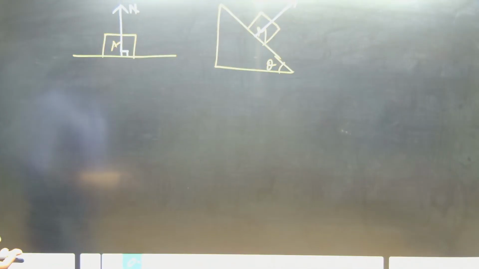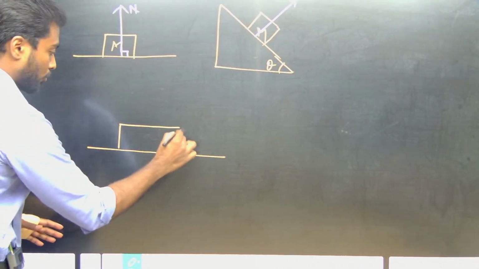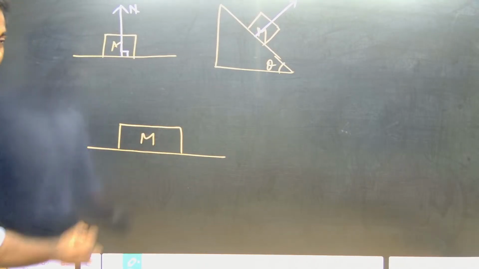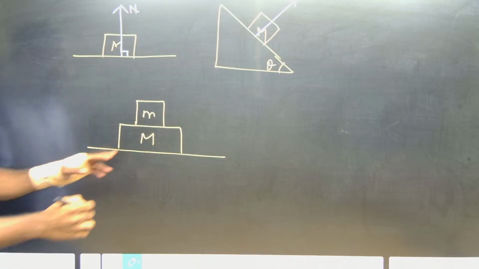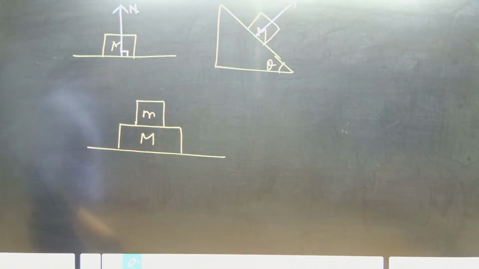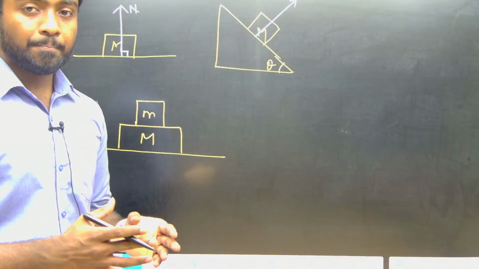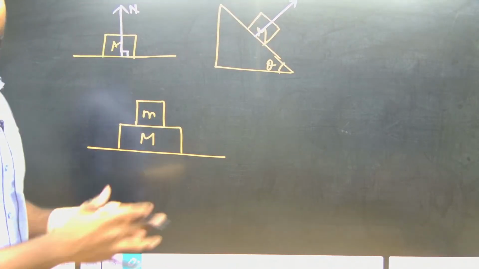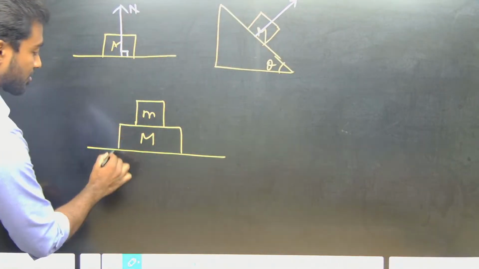Now, suppose they have given two blocks. One is block capital M, and the other is a small block m, which is upon the block of capital M. How to draw the free body diagram for these kinds of objects?